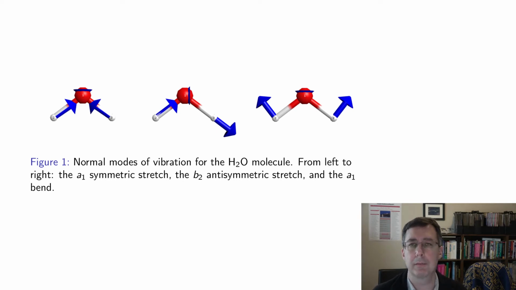So we can apply symmetry labels to these if you know a little bit about group theory. The symmetric stretch and the bend are both A1 motions because they keep the C2V symmetry of the molecule, and the anti-symmetric stretch is a B2 motion. It breaks the rotational axis and also one of the mirror planes.